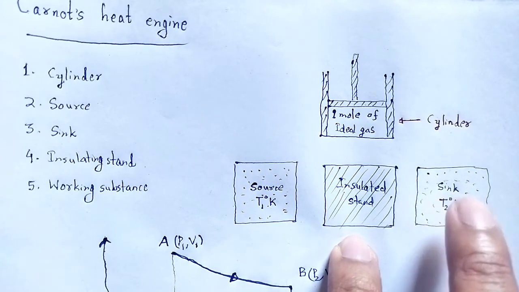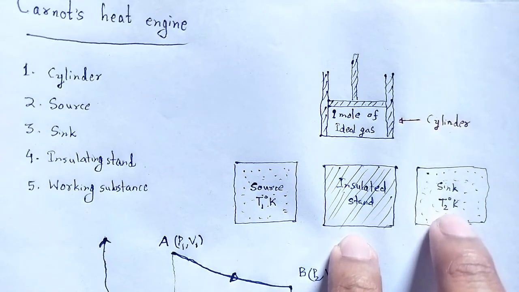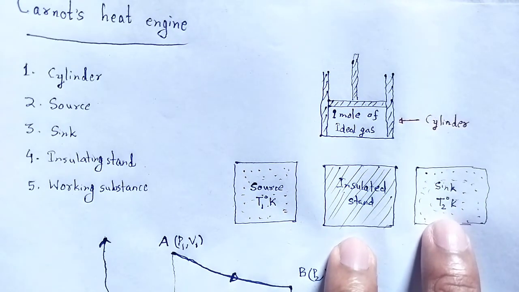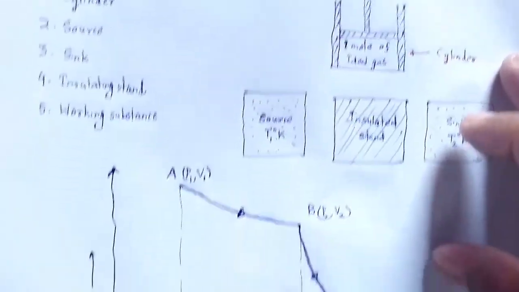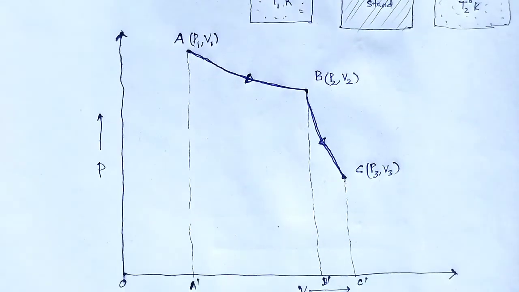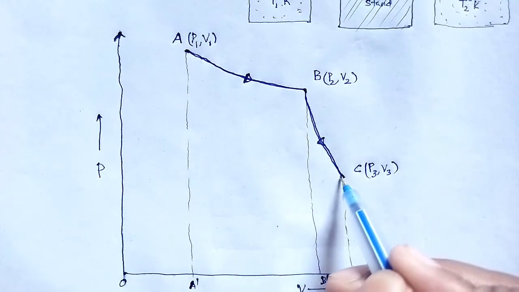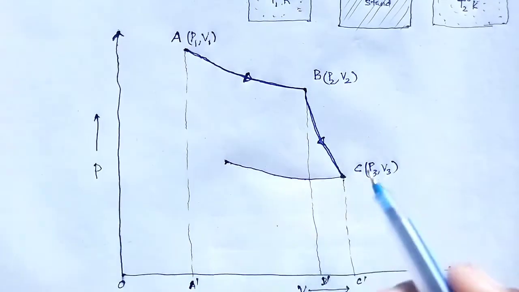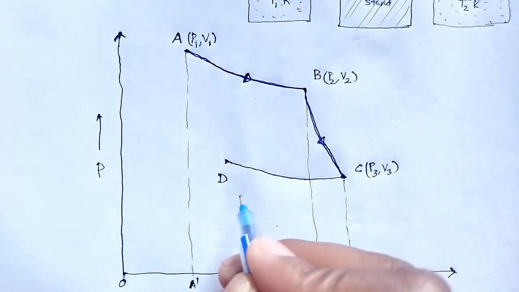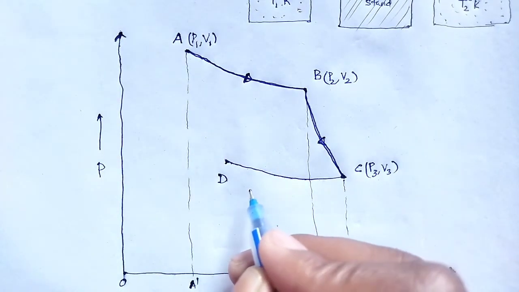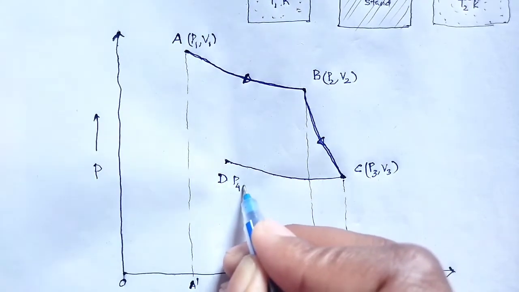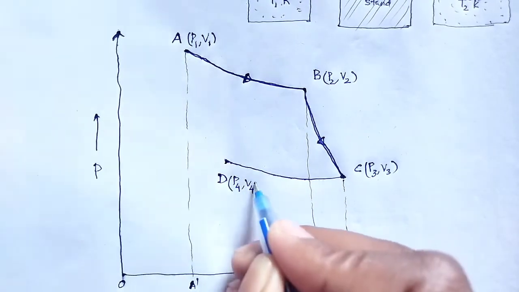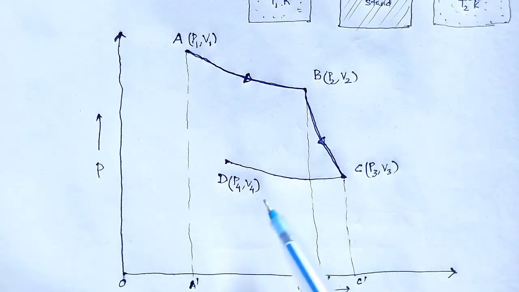Continue to move the piston downward till the gas reaches the state at D, and its coordinates are P4, V4, pressure and volume at constant temperature T2 degree Kelvin, since it is isothermal compression.